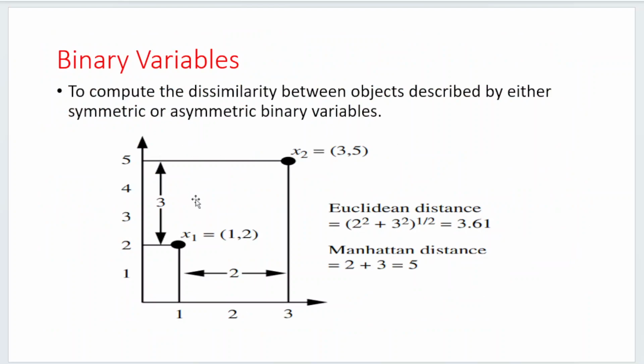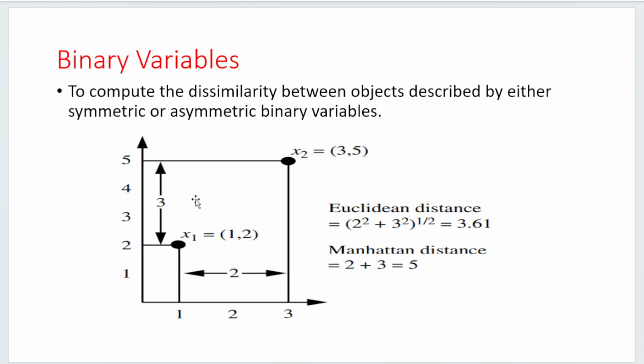And that is the case of interval-scaled variables. Suppose I am having binary variables. We know binary variables represent only two values, that is 0 and 1, or true or false, yes or no. So only two values can be represented here. Then how to compute the dissimilarity for binary variables?